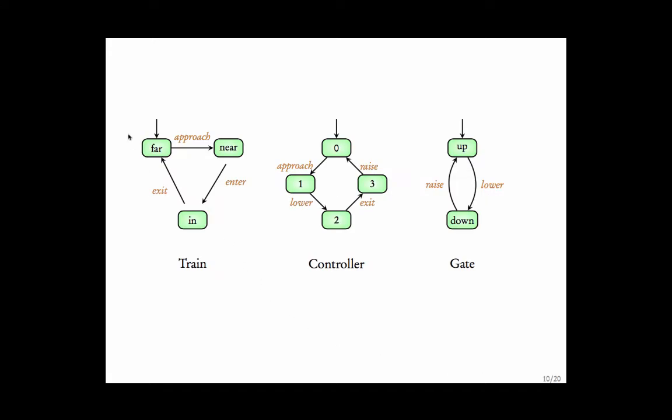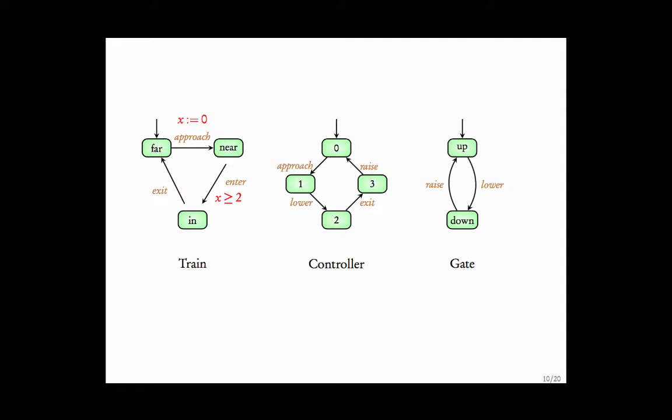So this is the usual one. We wanted to say that between approach and enter, there is at least 2 time units delay. To do that, what we will do, we will add a clock to this model. Now, what is this clock?